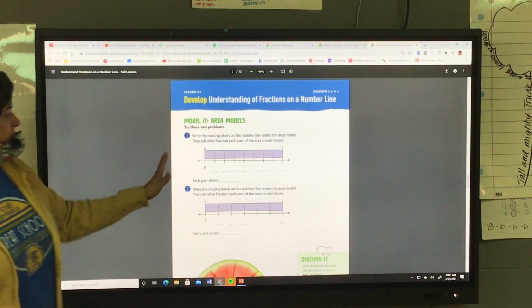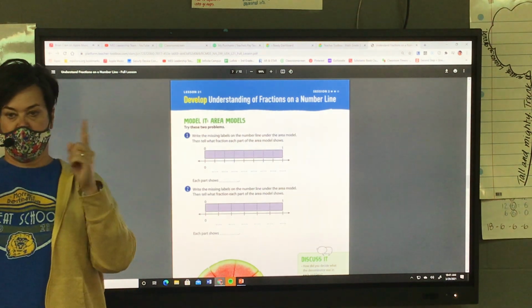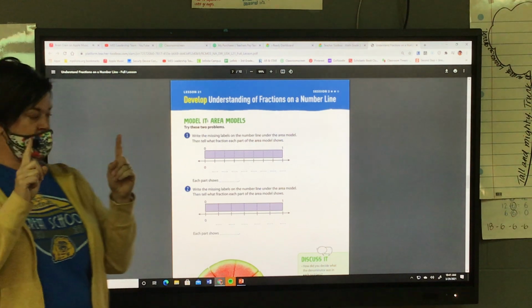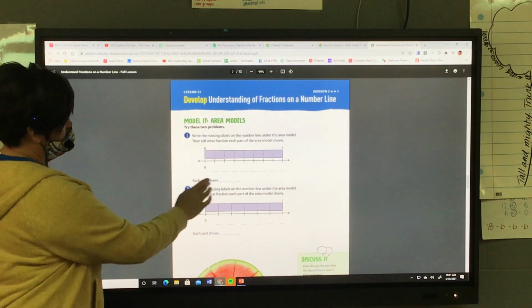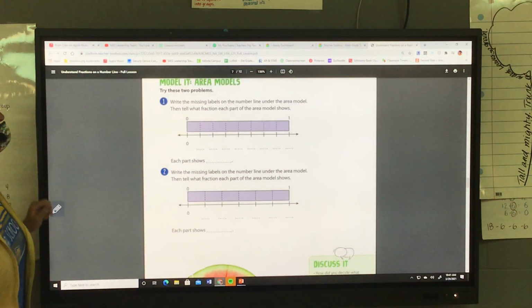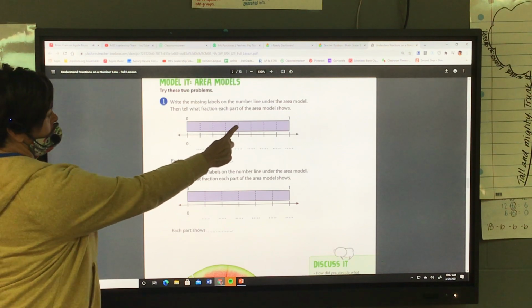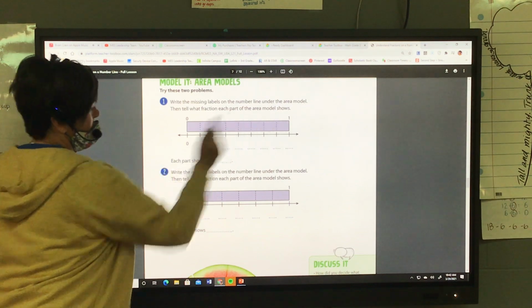All right, let's pretend like this is a piece of licorice here. Okay, you know the long, like, rope licorice, okay? So how many equal parts are there on this model? Count with me. 1, 2, 3, 4, 5, 6, 7, 8.